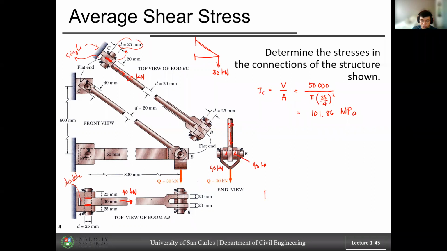If we try to isolate the bolt, and this one is 40 kilonewtons, it will experience a 20 kilonewton force on the opposite side, right? And since it's a double shear, by formula as per the previous slide, you may use just one force and one area, P over A, or you may use the full force, but it will be divided into two areas.